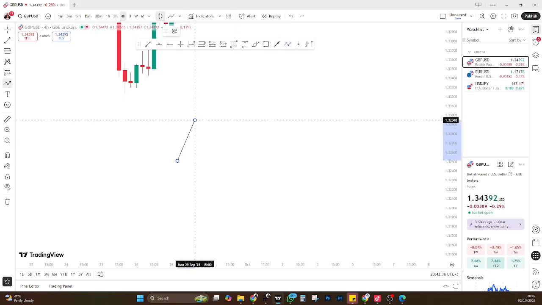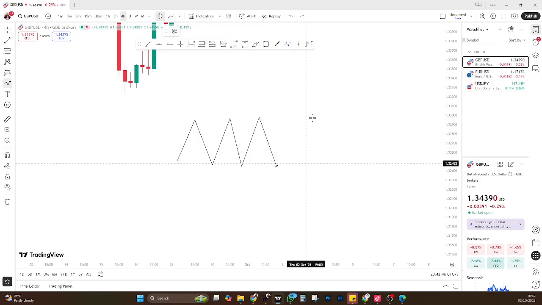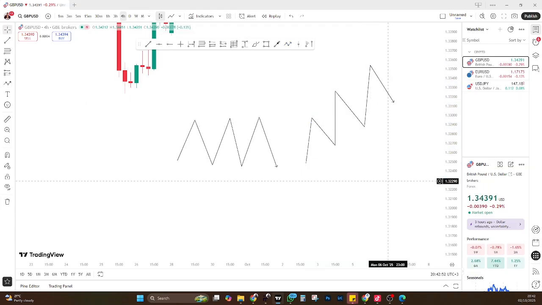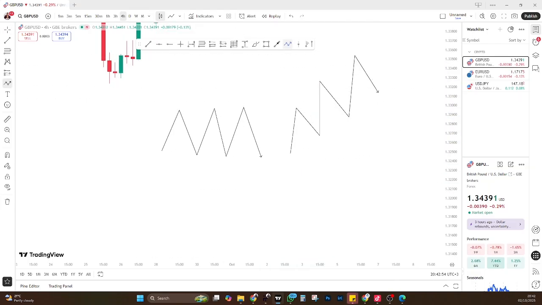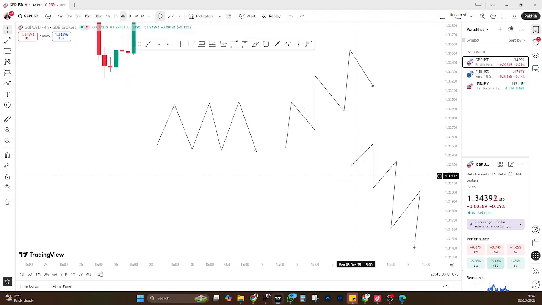One, the market is either raging, you see this, or the market is moving in an uptrend, or the market is moving in a downtrend. The market can only do one of these things.